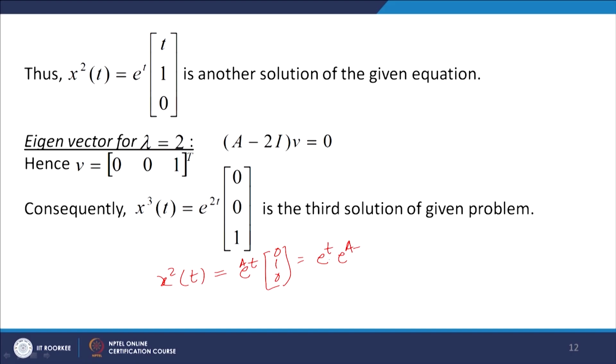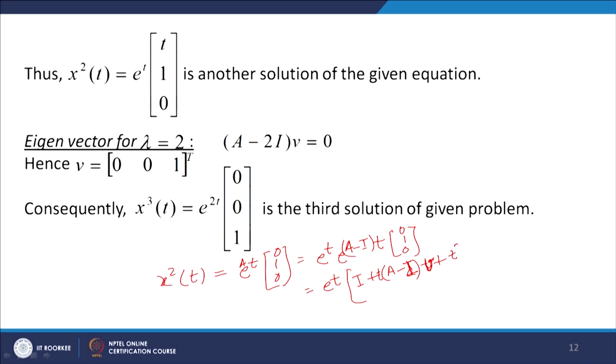So, e to the power (A minus lambda I) t, this is e to the power t, I plus (A minus lambda I) t plus (A minus I) whole squared, this is b here and this is t here.